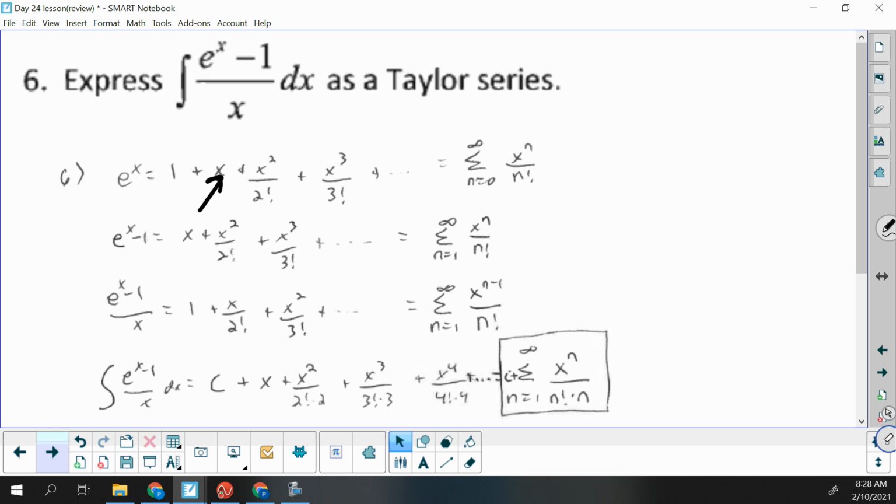Divide by x, so now x's power is n minus 1. We're doing integrals, so we're going to take an antiderivative. It's an indefinite integral, so you need to have your plus c out front. The exponent goes up to n and divide out front by n, and we get then the series that is in the box.